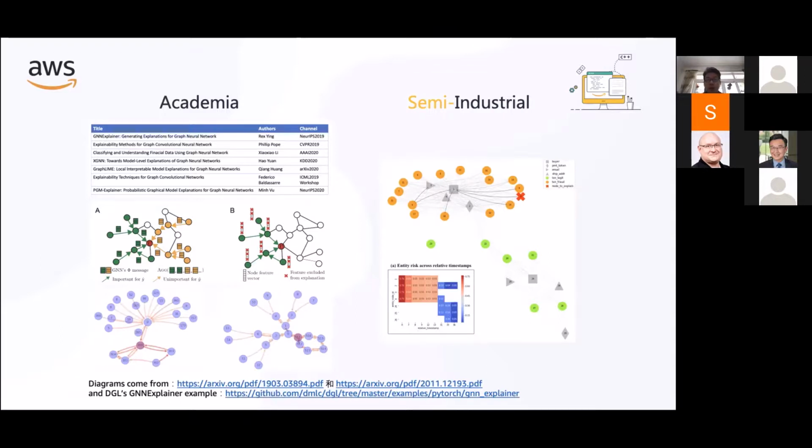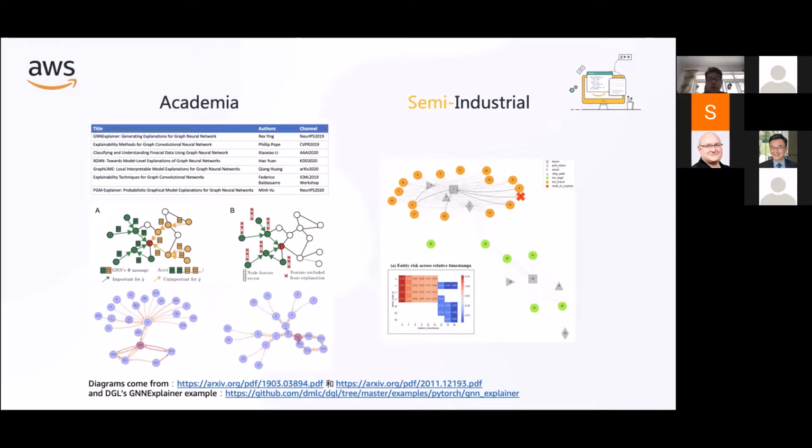However, even though it's a good topic in the research domain, I didn't find quite a lot of practice in the industry domain. The only one I can find is a paper called xFraud, shown on the right side of the deck. I call it a semi-industrial work because it was written by one group of researchers from ETH Zurich and another group of practitioners from eBay.